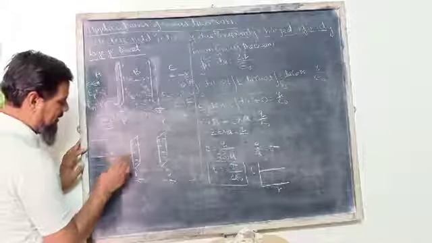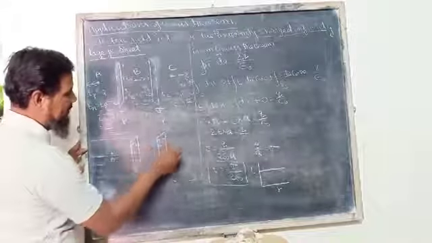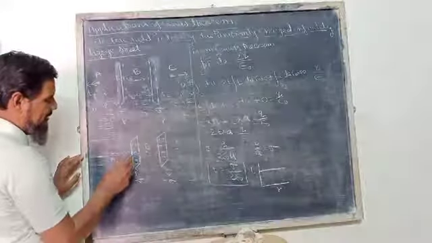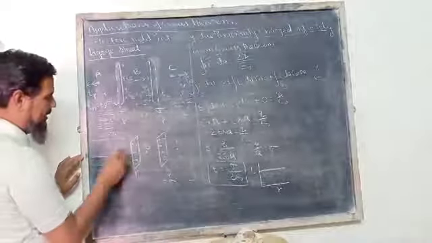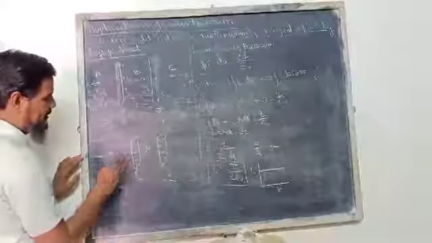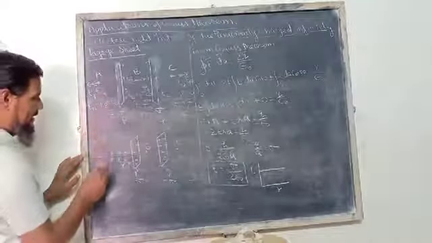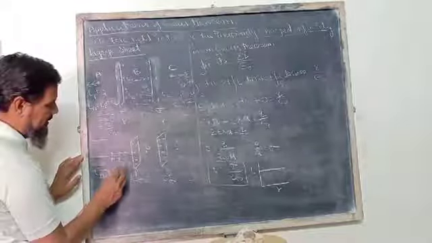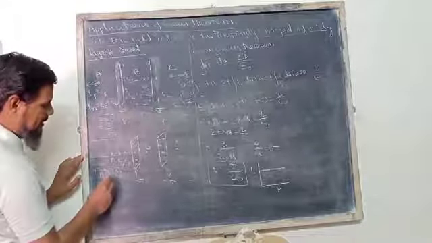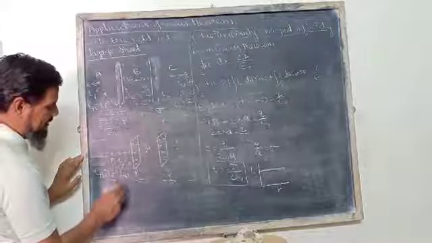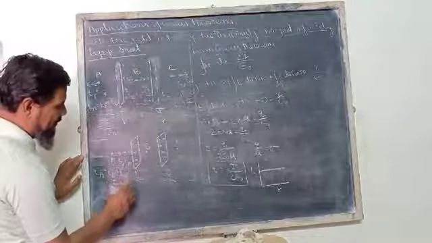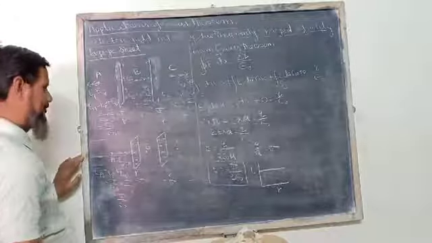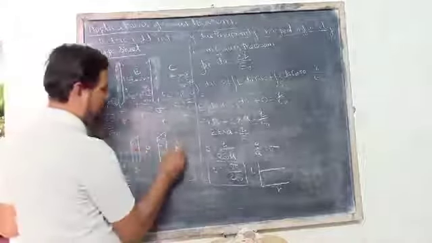This point is A, this point is B, this point is C. Here the directions of electric field intensity EP due to plate P and EQ are along the same direction. The value will be the same, so EA is equal to EP plus EQ is equal to sigma upon 2 epsilon naught plus sigma upon 2 epsilon naught is equal to sigma upon epsilon naught. And the direction will be towards the plate.